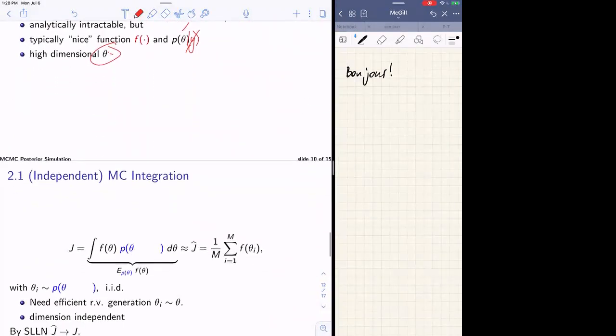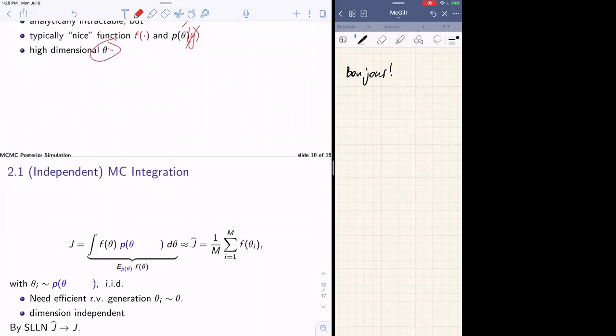So here's a very simple idea of evaluating those kinds of integrals. Here again on the left-hand side, circled in red, sloppily speaking, is Bayesian inference. Bayesian inference is about evaluating such integrals with respect to the posterior. Here for the posterior, I still leave some space in memoriam of conditioning on y. But from now on, I'll just talk about integrating with respect to some distribution, which in Bayesian inference would be the posterior distribution.